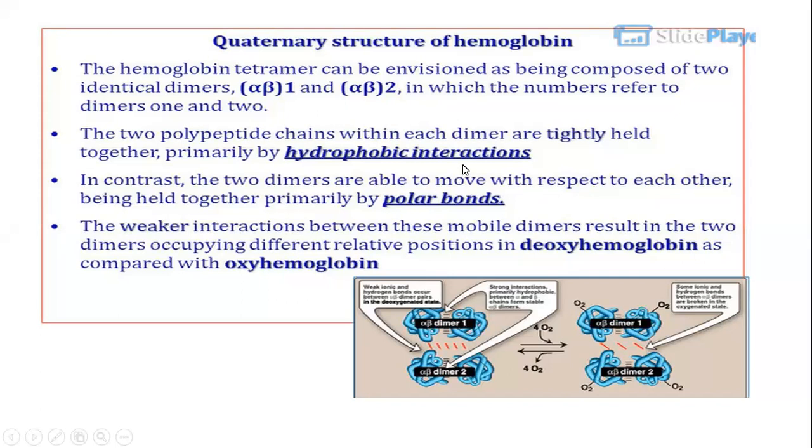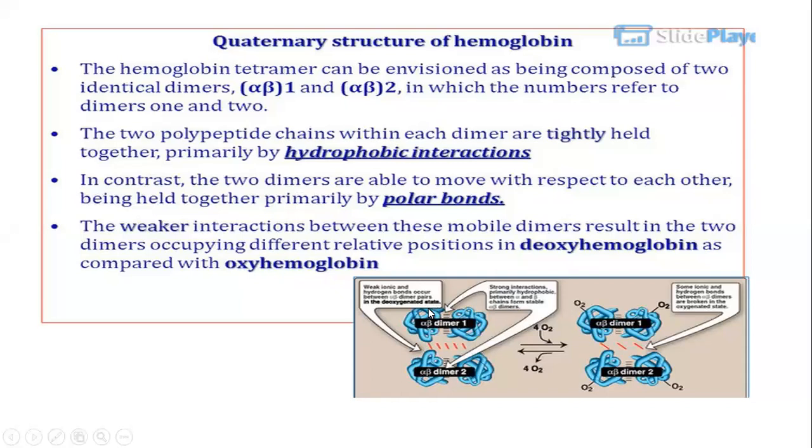I'll repeat again. The bonds between the two dimers, dimer 1 and dimer 2, tend to be weaker. And this makes it easier for oxygen to combine with or enter the hemoglobin structure.